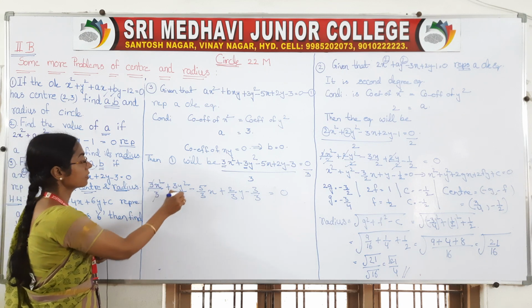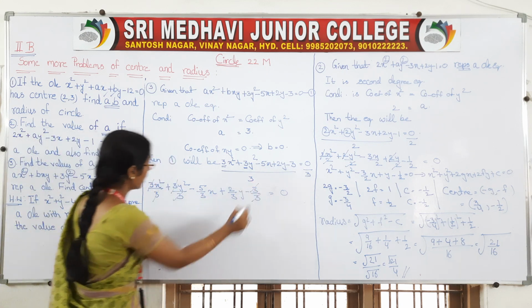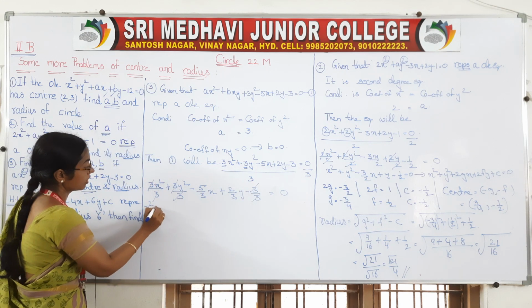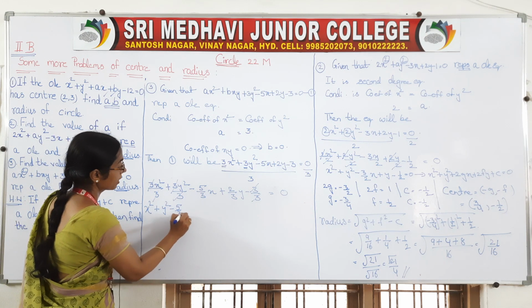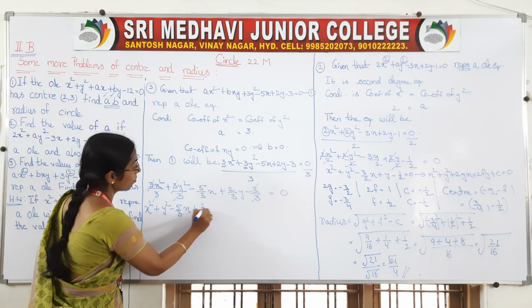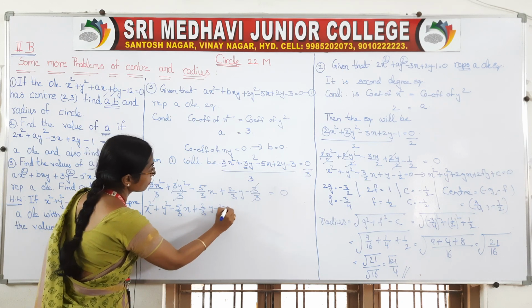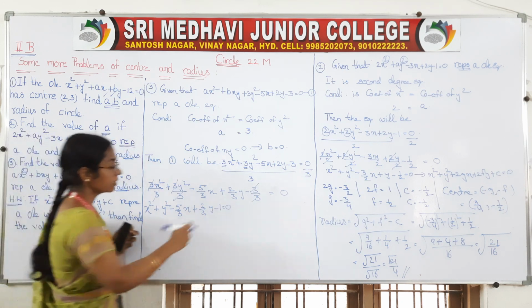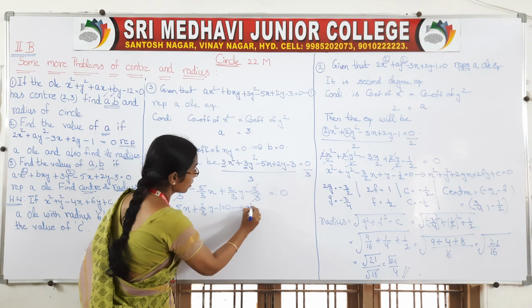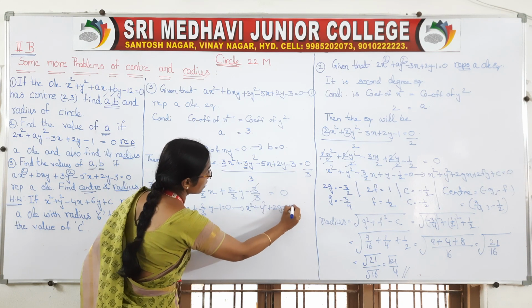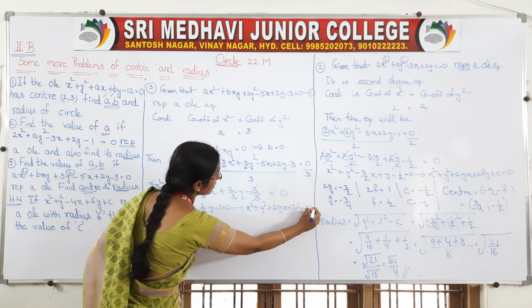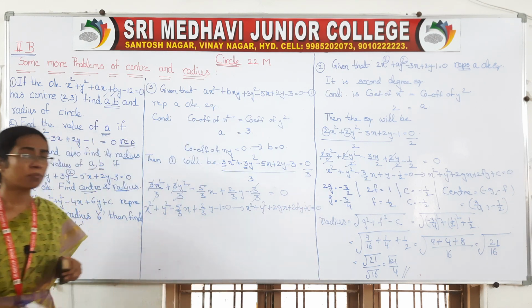So 3 cancels, 3 cancels, 3 cancels. The equation is x square plus y square minus 5 by 3 x plus 2 by 3 y minus 1 is equal to 0. It is in the form of x square plus y square plus 2gx plus 2fy plus c is equal to 0. This is the general form, girls.